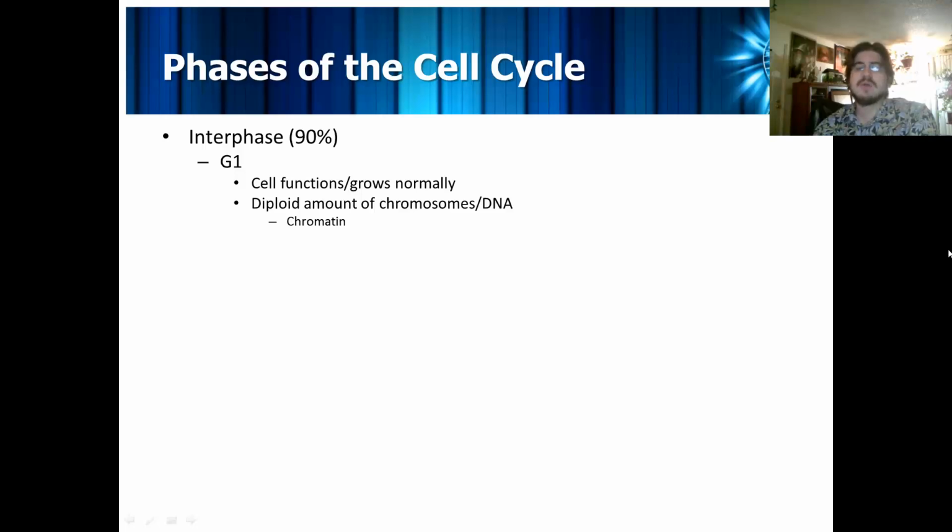And that DNA is present in the form of chromatin, loose and uncoiled in that nucleus. G1 also has the purpose of collecting enough nutrients and energy for the cell to enter into the next part of interphase, which is the S stage.